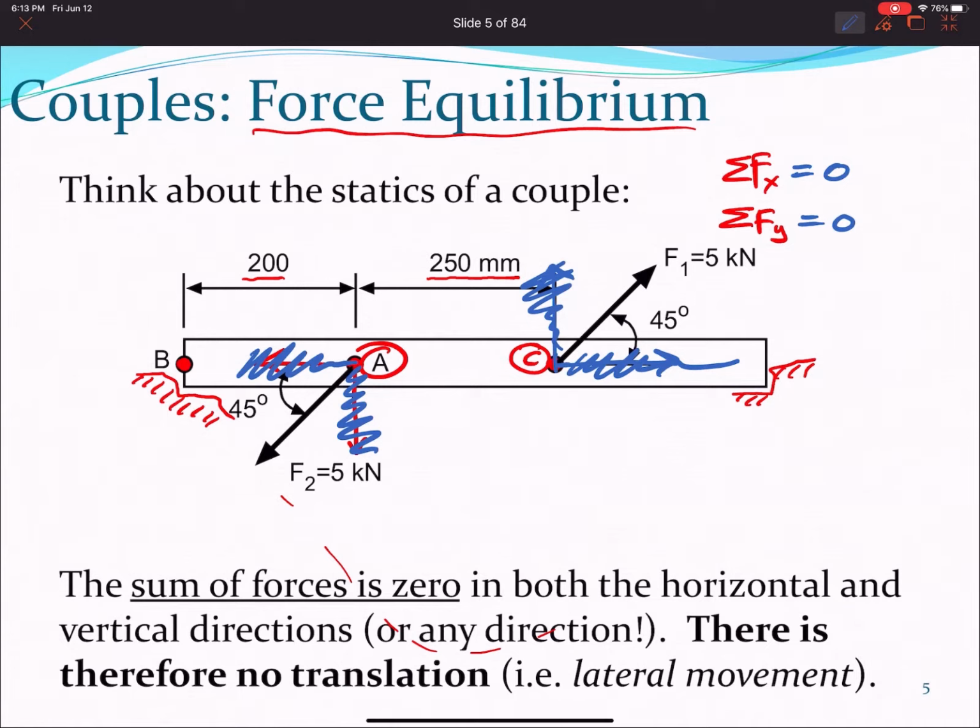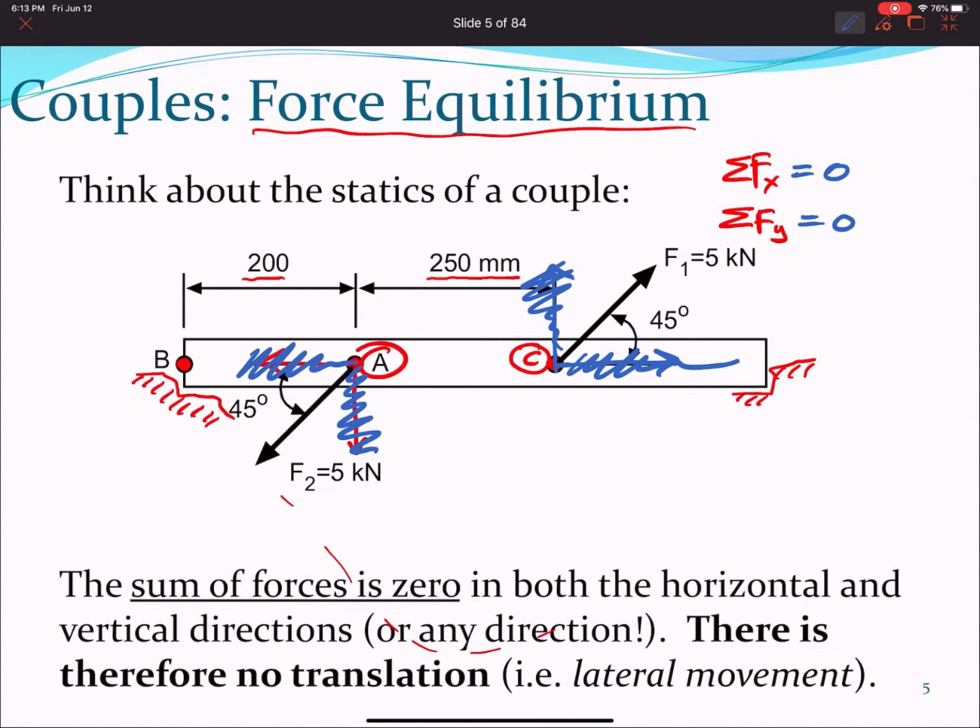We may feel tempted to say that this body is not going to move, that it's going to remain at rest, but we haven't applied our brand new equilibrium equation, which is moments. If we have an unbalanced moment, we will have a rotation and this beam would go flying in the air. So let's see how much moment these forces are causing.